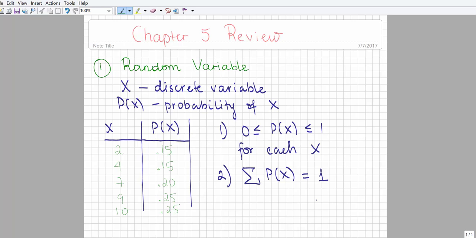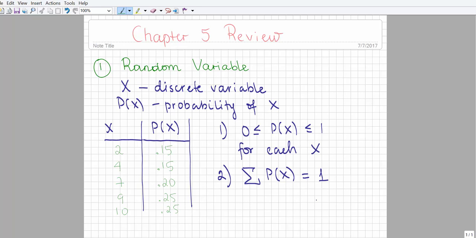Okay, so that would be a probability distribution function, because each of the outcomes has a probability that's between 0 and 1, and if I add them all up, that will give me 1. You can check. Okay, those are the only rules that you need to check.